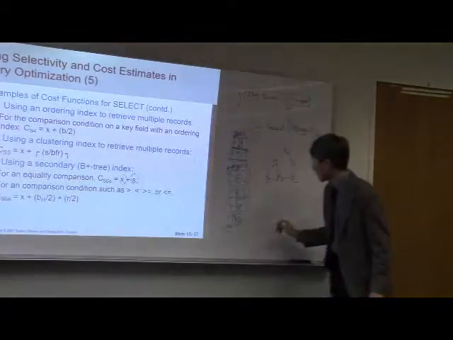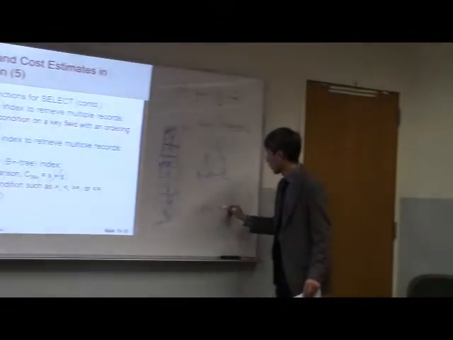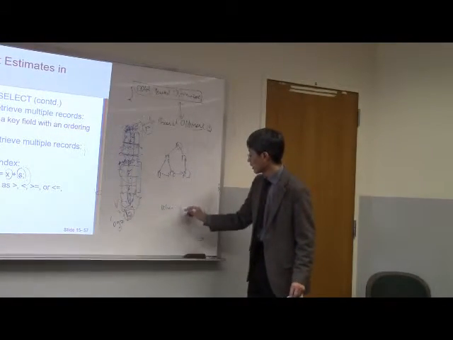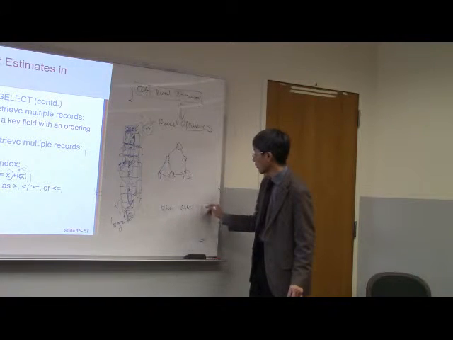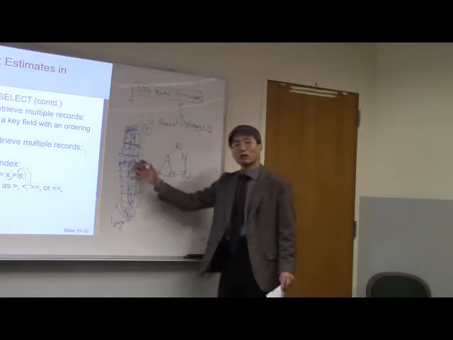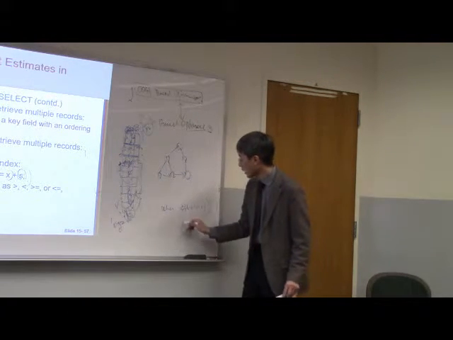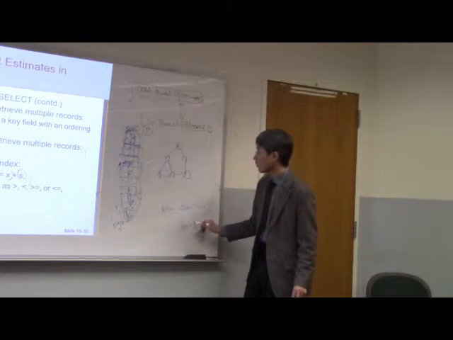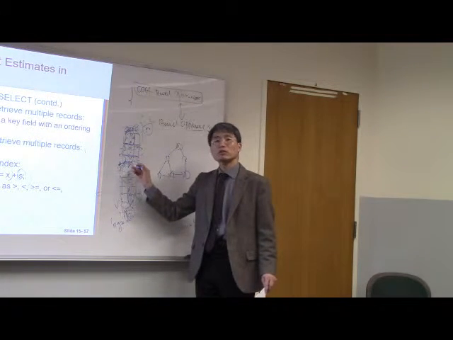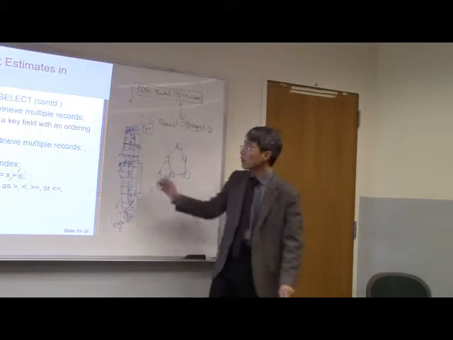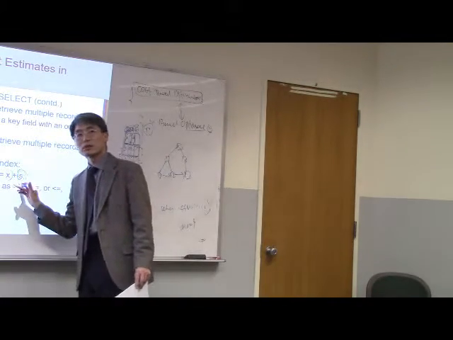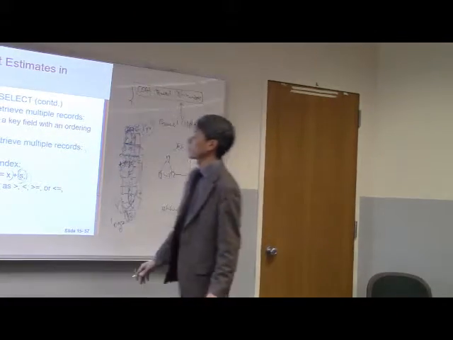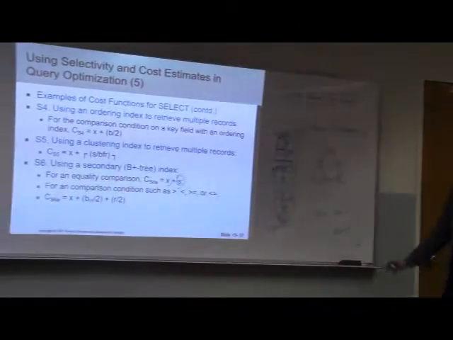Not always. Where SSN is equal to 1, 1, 1, 1, it's just one case. However, what about the DNO? DNO equal to 1 may match several records, so it will be based on the selectivity. X plus S.